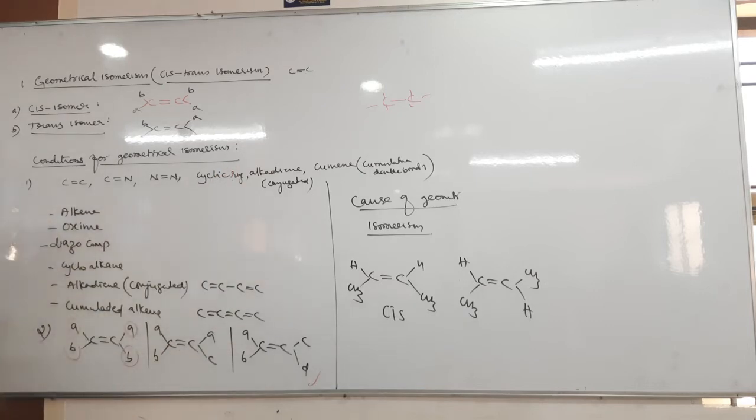These following molecules are examples that can exhibit geometrical isomerism: alkenes, oximes, diazo compounds, cycloalkanes, alkadienes (conjugated), cumulated alkenes, etc. Next, condition 2.